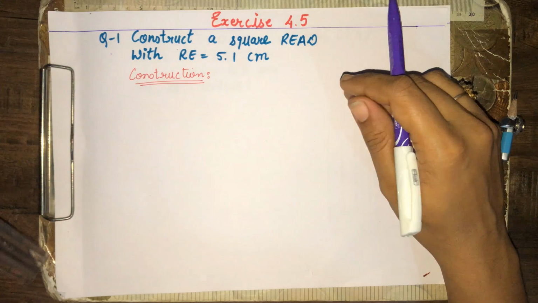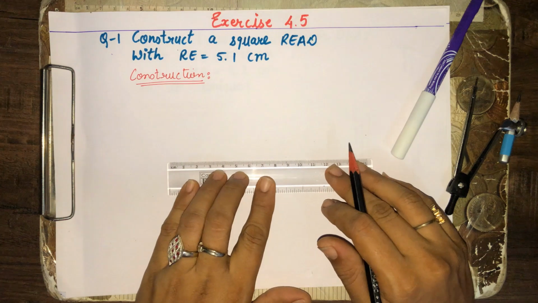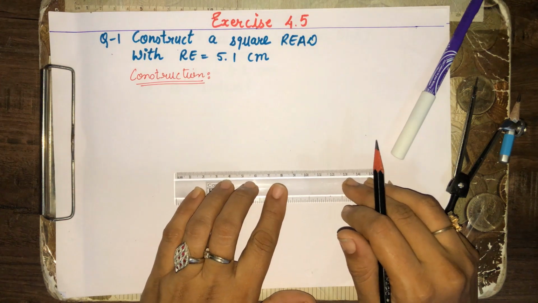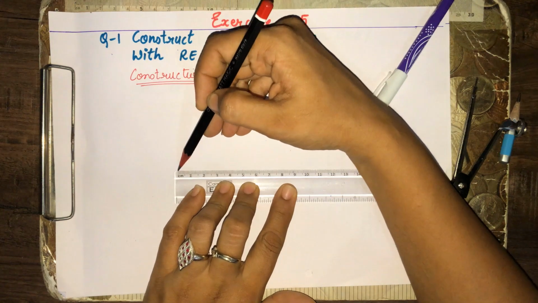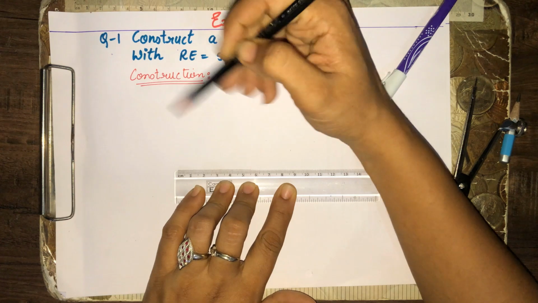First we will start by drawing RE, 5.1 centimeter. So here I'll draw one line segment that is of 5.1 centimeter.